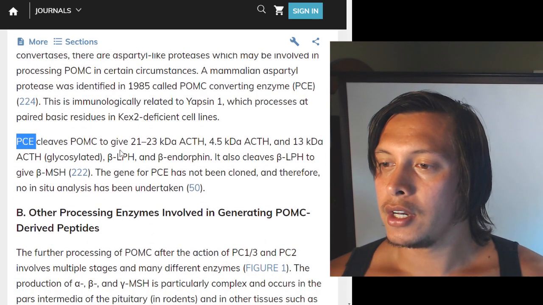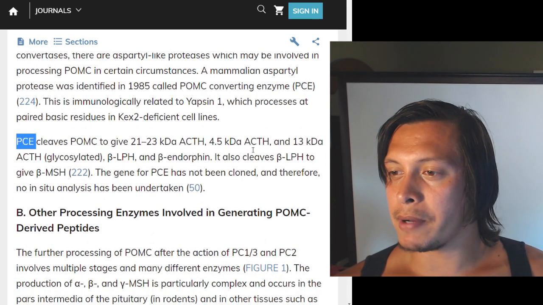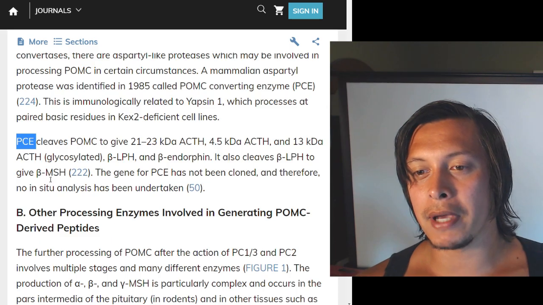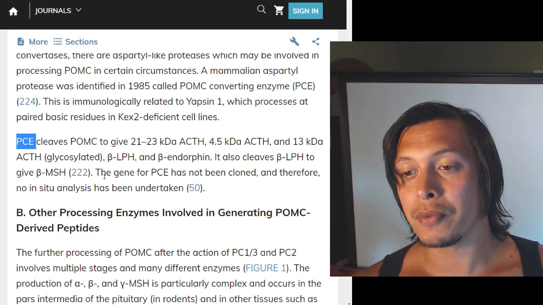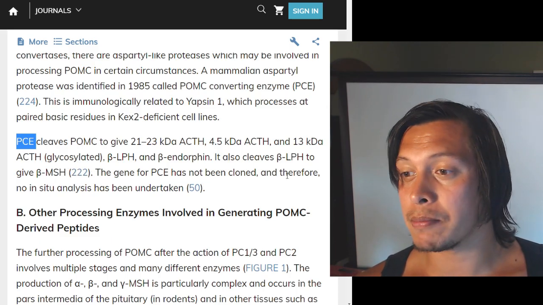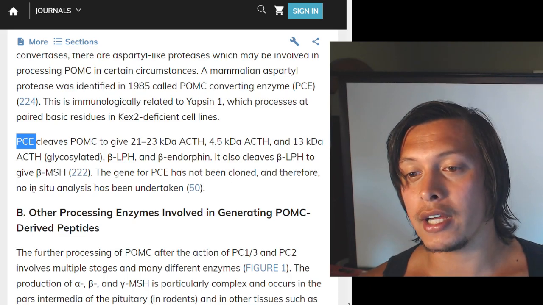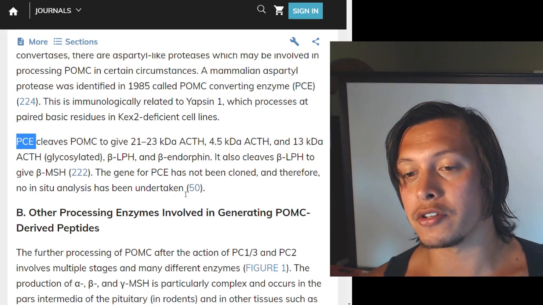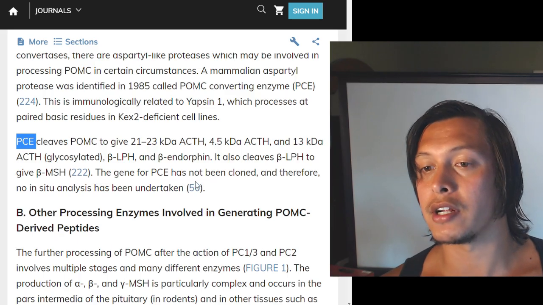Continuing, it also cleaves beta-lipotropin to give beta-melanocyte stimulating hormone. The gene for PCE has not been cloned, and therefore no in situ analysis has been undertaken.